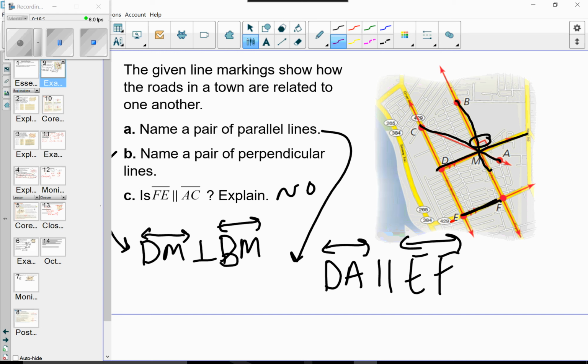Well, we already have line DM. D goes through M. CA also goes through M, but there's only one line that's parallel that goes through that given point. So CA is not parallel to FE. If they extended EF, they would intersect each other. So that answer is going to be no for that one.